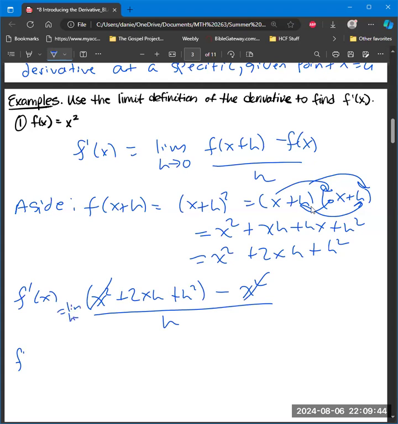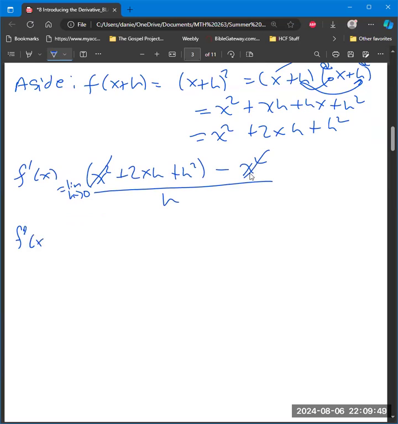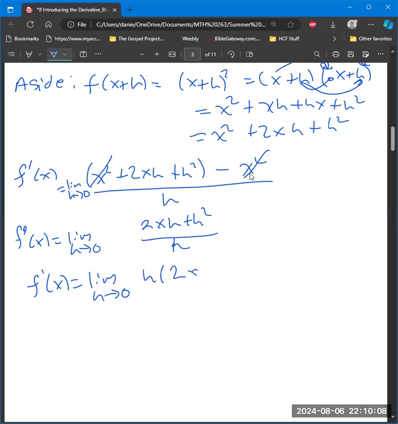The limit as h goes to 0 goes out front, and this is 2xh plus h squared over h. And we can factor here, and cancel the h. That's going to give us f prime of x equals the limit as h goes to 0 of 2x plus h.